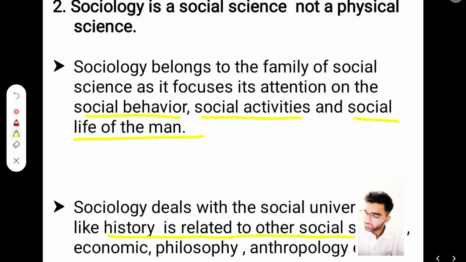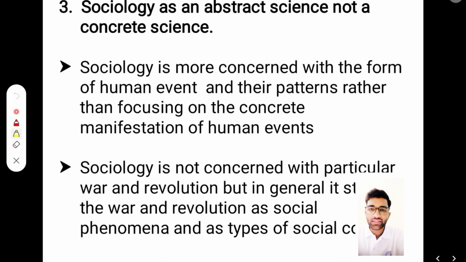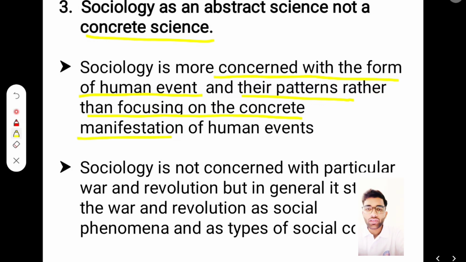Next, sociology is an abstract science, not a concrete science. Sociology is more concerned with the forms of human events, or patterns, rather than focusing on concrete manifestations.